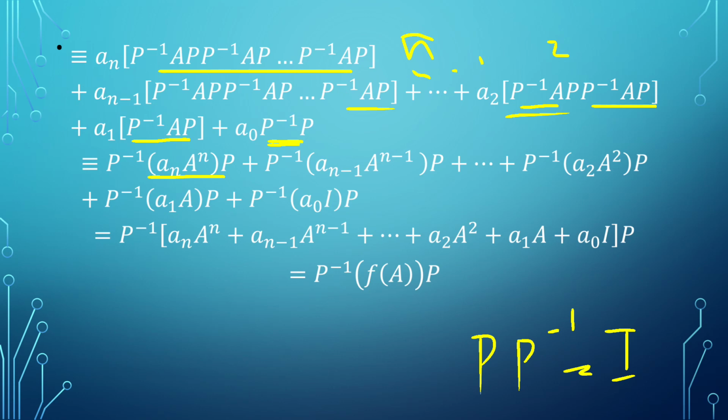The A^n, which is outside here, and the A's here, because they go to power n, then they will be A to the power n. Then the last P is here, and the first P is here.